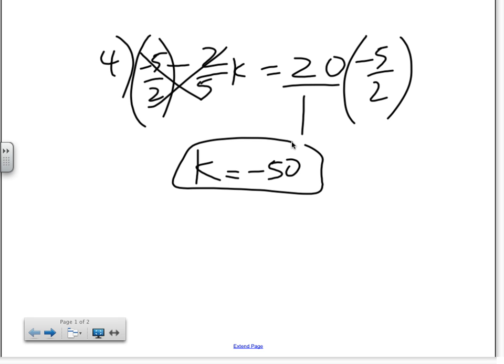I got -25. Well, think about it. Isn't 20 times -5 -100? Yes. -100 divided by 2 is -50. Wait, you went too fast. I'm multiplying 20 times -5. That's -100.